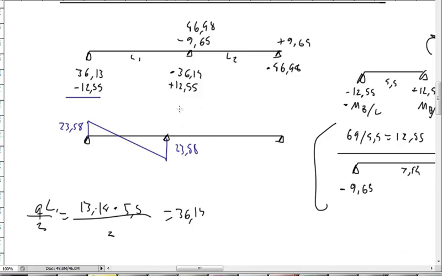So yeah, I'm slightly confused to be honest, but it should be minus. 36.13 minus 12.55, some of it makes sense. Oh, sorry, I'm thinking about the reaction. Because 36.13 is equal to minus 48.7.